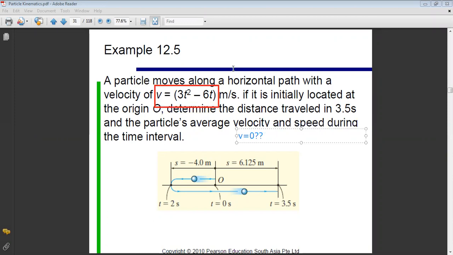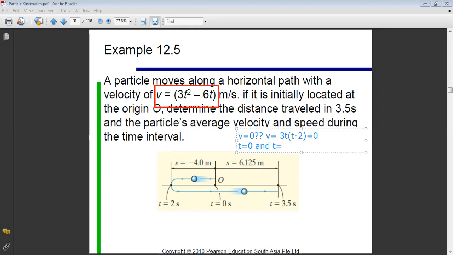I have the function, so I put v equal to 0 and take 3t as a common factor: 3t times (t minus 2). This is equal to 0 for two values, t equals 0 and t equals 2 seconds.